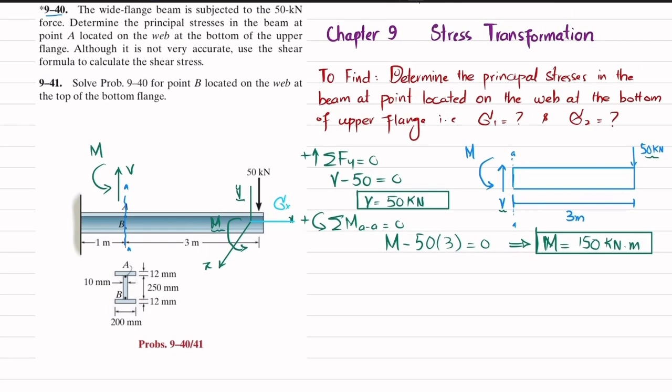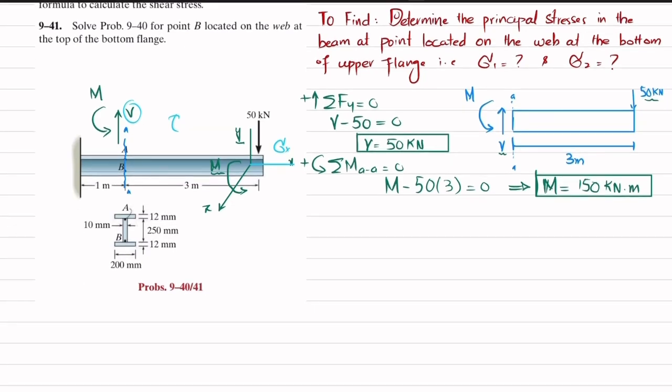So we'll find this sigma x, which we are calculating at B, and due to shear force V, we will have shear stress.